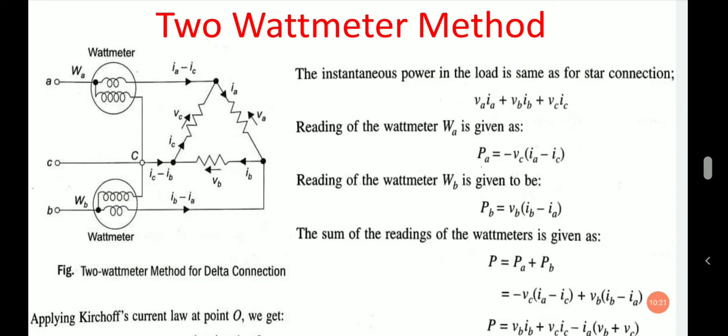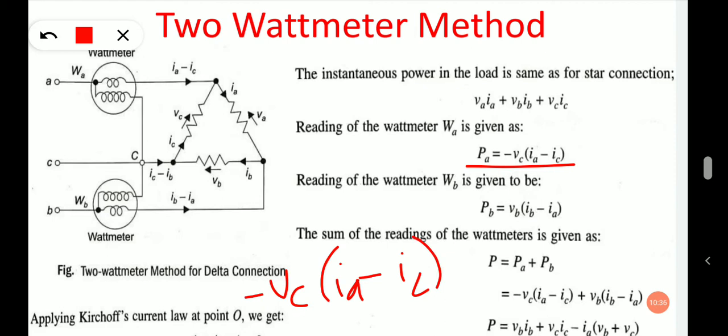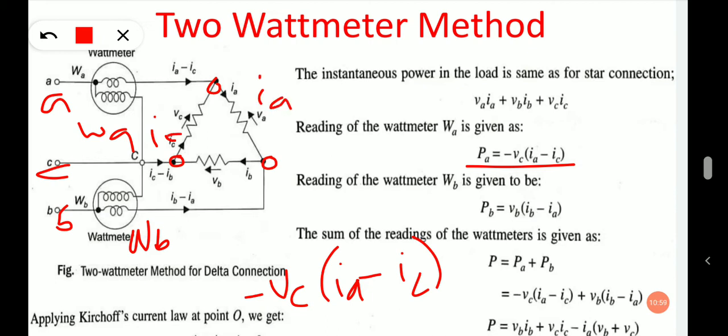For this delta connected circuit, PA is minus VC times (IA minus IC). Here in the diagram you can see the three phases A, C, B and two wattmeters WA and WB. In the delta connected circuit, the current directions are given as IC, IA and IB.